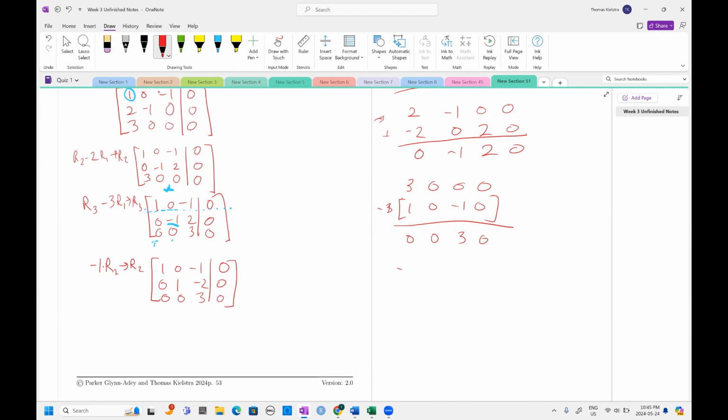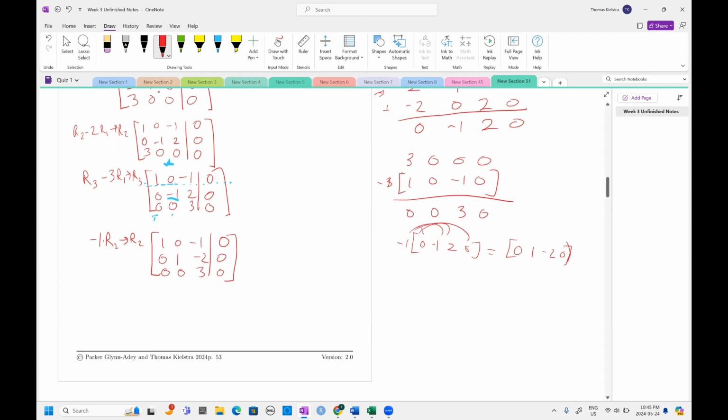We got that because minus 1 times 0, 1, or 0 minus 1, 2, 0 equals 0, 1, minus 2, 0. You expand that constant into your vector.